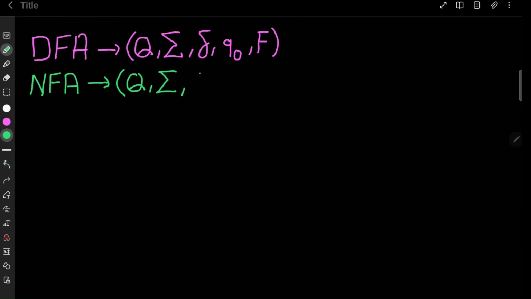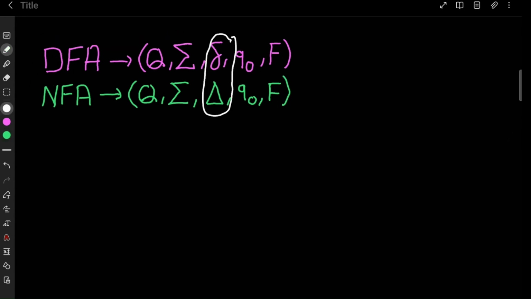The only difference is the transition function, which is represented by delta. Again, for the initial state, we write Q0, and for the set of final states, we write F. So you can see that the only difference between NFA's and DFA's formal representation is the delta, which stands for the transition function.